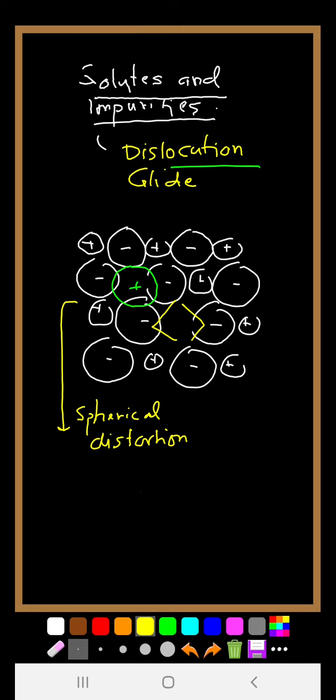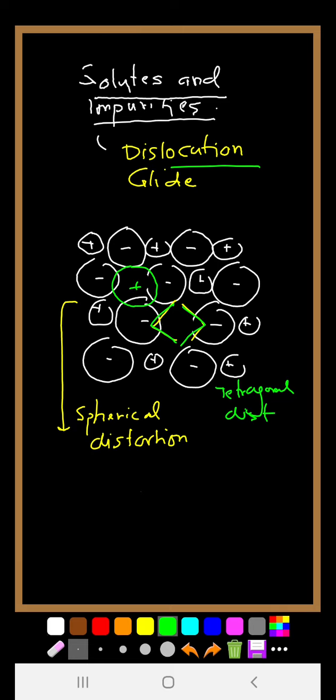Also, it is not univalent, so a cation vacancy is created due to the impurity, and there is also a tetragonal lattice distortion. It is tetragonal because the lattice strain is in this direction, that is why it is called tetragonal distortion. So this will interact strongly with the dislocation glide.